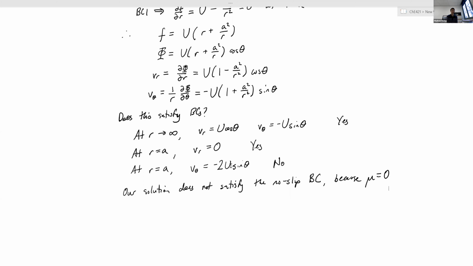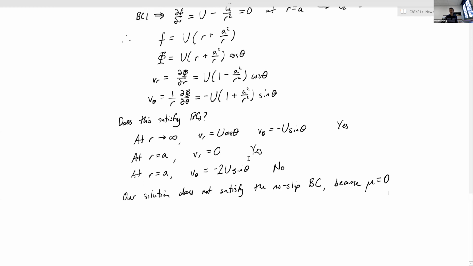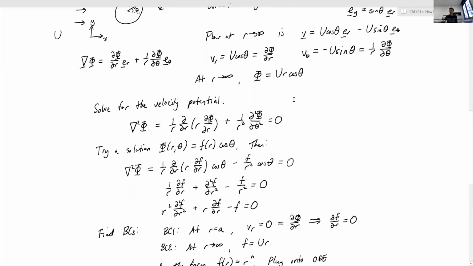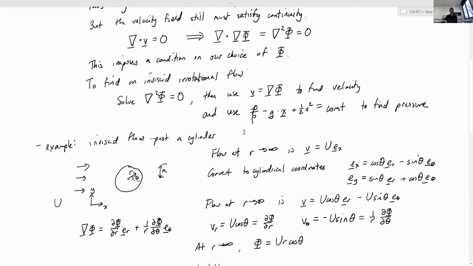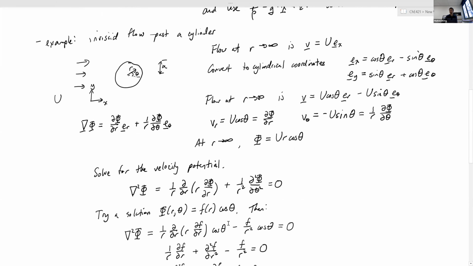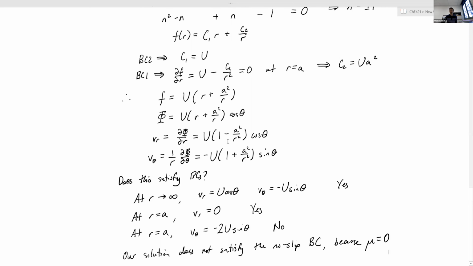Just to give you a quick preview, you use the Bernoulli equation. You basically just use this, okay? And then the other thing that I'll do is, as you guys know, I like to visualize things. This gives you a VR and a V theta, but I really would like to be able to plot this and show you guys what the flow profile actually looks like. And so that's where we'll pick up on Monday.